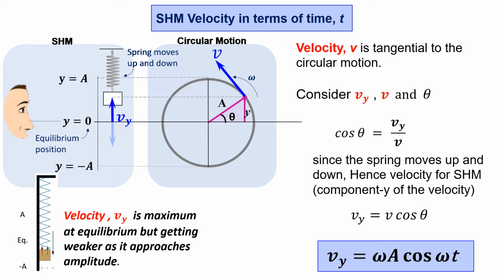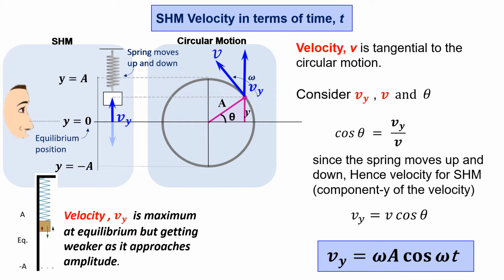Dan kita perhatikan objek ini pergerakan dia up and down. So, Vy adalah mengarah ke y positif. So, kita cuba keluarkan segitiga ini. Perhatikan juga, sebelum kita pergi ke segitiga, kita cuba lihat V tangential dan Vy.